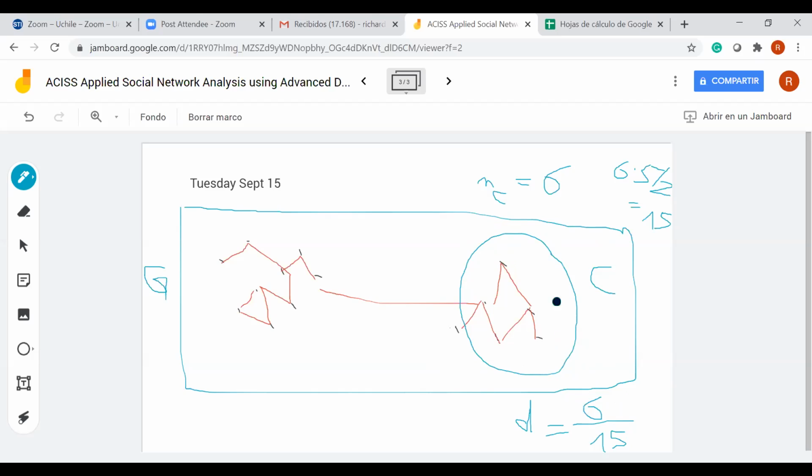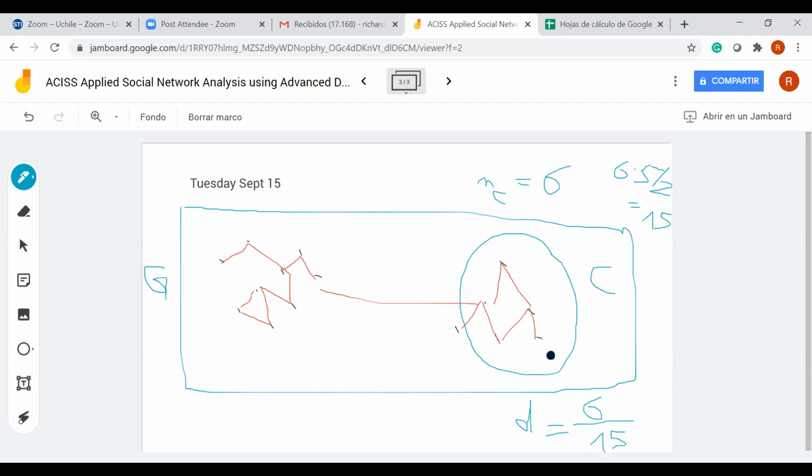We take the number of links we observe. We can look at this and count the number of links: 1, 2, 3, 4, 5, 6 links. That's the numerator. The denominator is the number of possible links. And that's quite intuitive. It's beyond the formula. Don't be afraid of formulas. The formula says the number of links I observe divided by what I could expect as the total number of links.